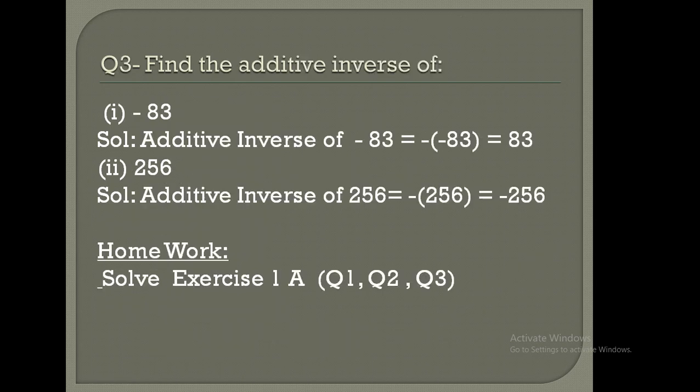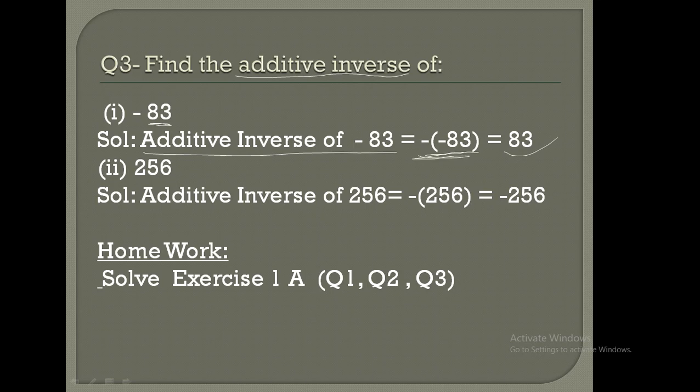The next question says find the additive inverse. The first one, minus 83. Additive inverse of minus 83 equals minus, outside of this bracket, and inside minus 83, equals 83, because when we open this bracket the sign will be changed.